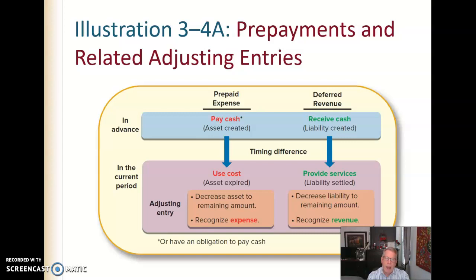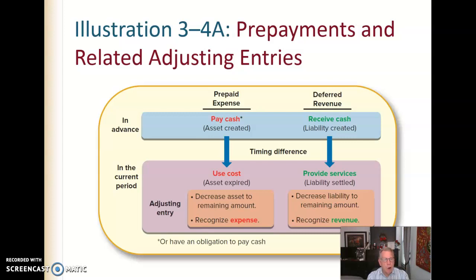Those are both asset accounts. Now, as we use them, we're going to decrease that prepaid rent account and recognize it as an expense. So we would debit rent expense and credit prepaid rent. See how that works? Okay.